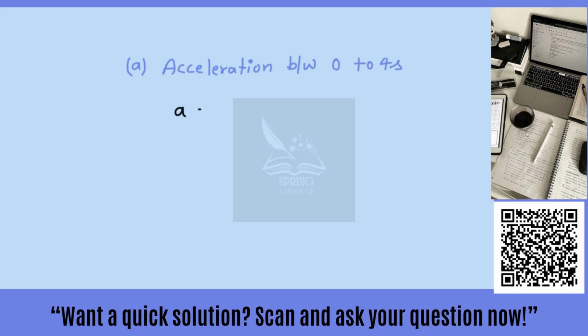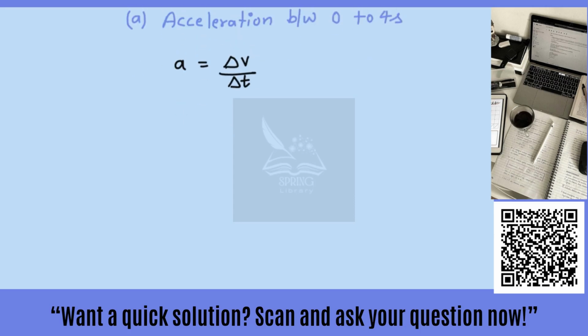So acceleration is calculated as change in velocity upon change in time. So from the graph, we can see that the object's velocity increases from 0 meter per second to 20 meter per second over the interval of 0 to 4 seconds.